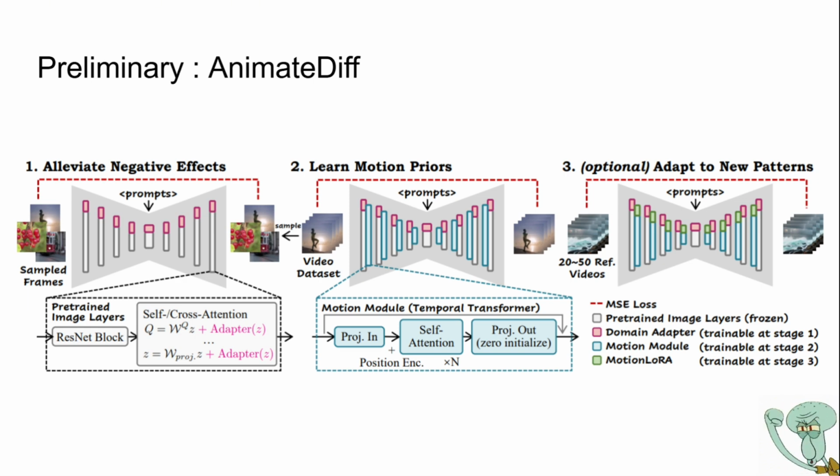AnimateDiff disentangles the appearance and motion of video data. It builds upon pre-trained 2D diffusion models, learning motion features through a motion module, which is implemented using a temporal transformer. The main feature of this method is its ability to separate motion features, enabling users to integrate the trained motion module with any pre-trained 2D diffusion model.